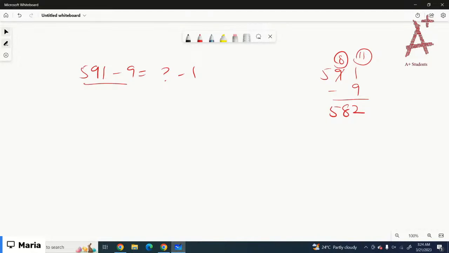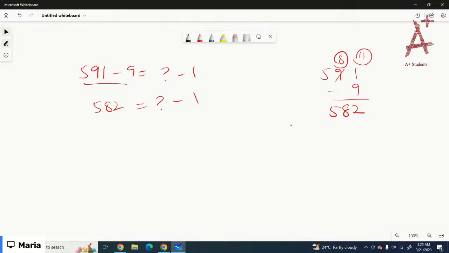That means 591 minus 9 is 582. So here you have 582 equals the missing number minus 1.